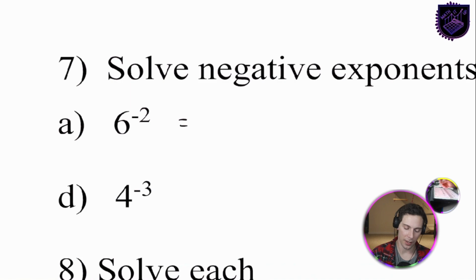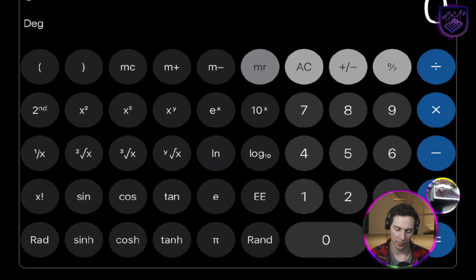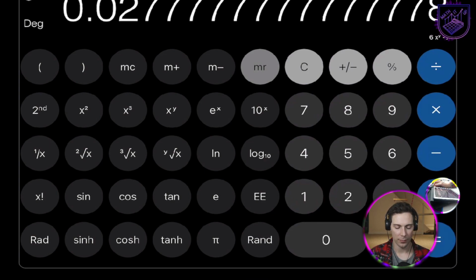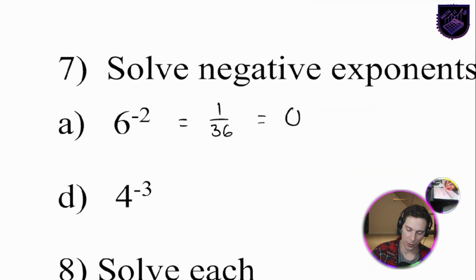All right. 6 to the power of -2. This is going to be 1/36th. And that will be equal to 0.027.